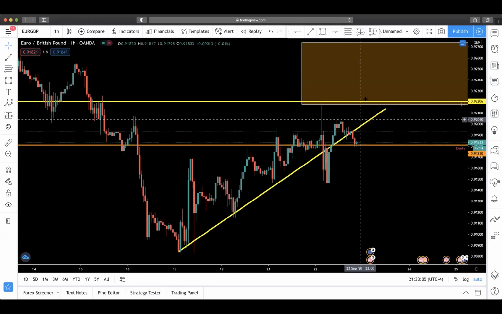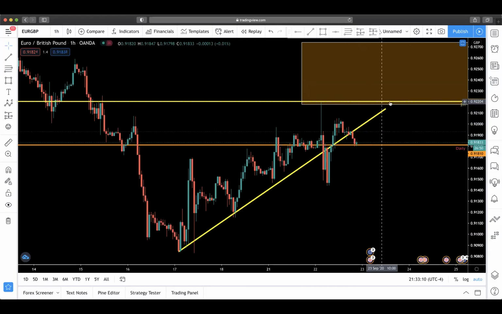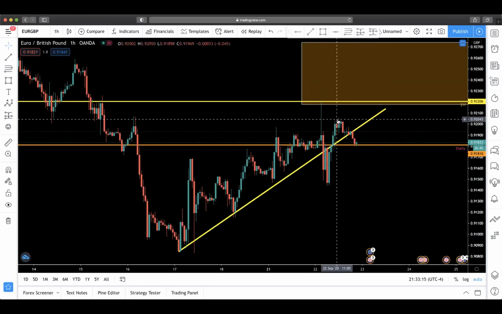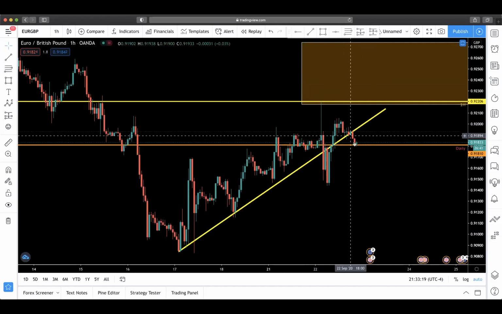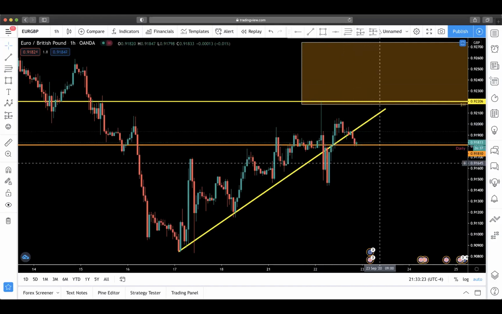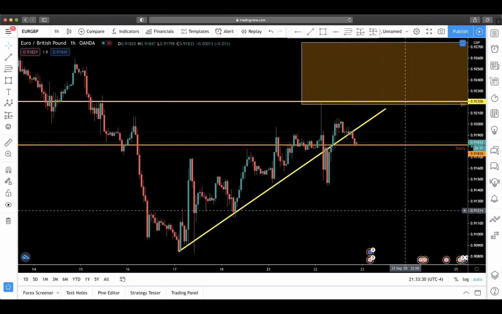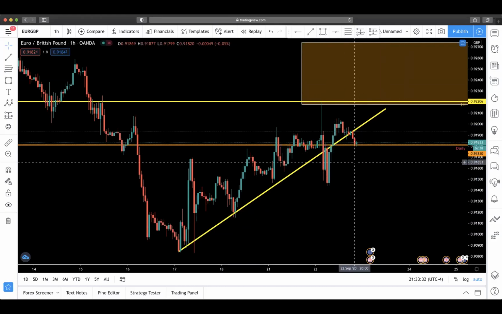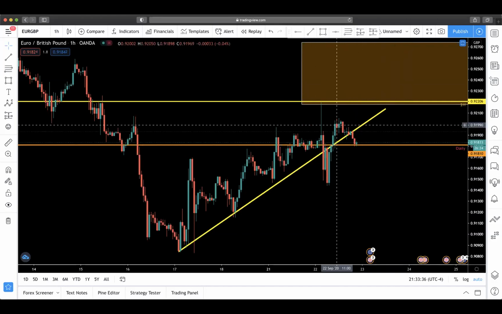We want to see that final push up that fails, still below this top structure line, still below the top of this wick, or even below this high right here. Or what we could see is price break down below it, and then come London, come up and retest the bottom of the structure right here that it would break through before going short again. Long story short, guys, we're looking for a short type of situation, right? It's just not there yet.